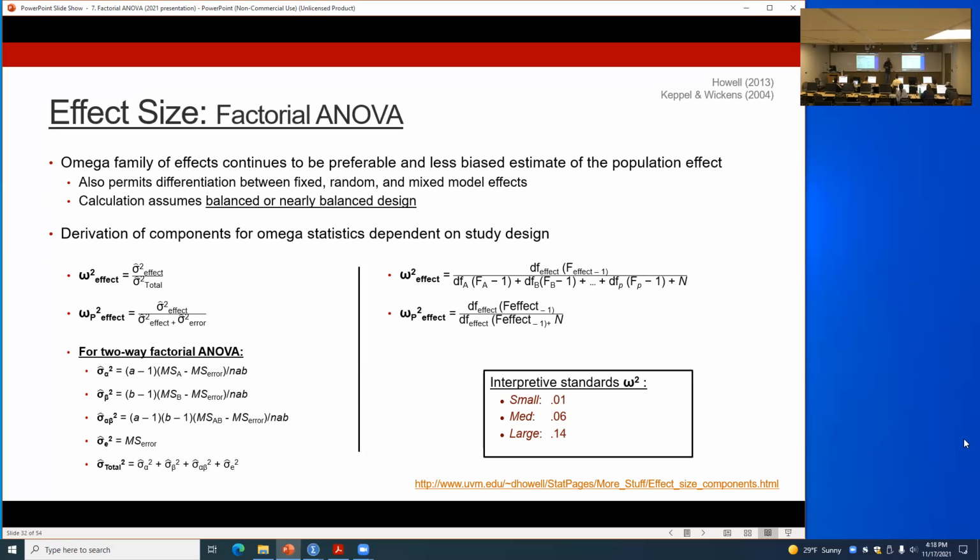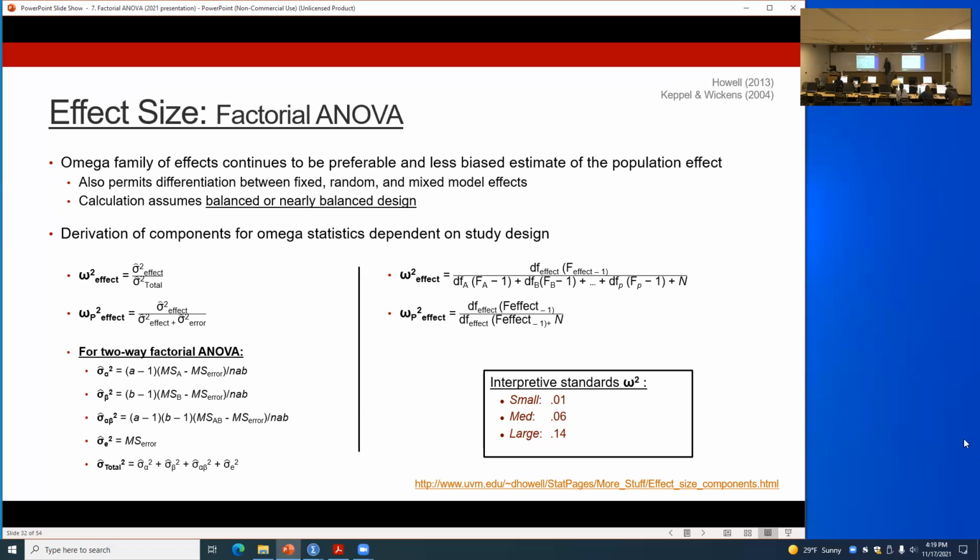If you need a good general formula for eta squared and partial eta squared, take a look.